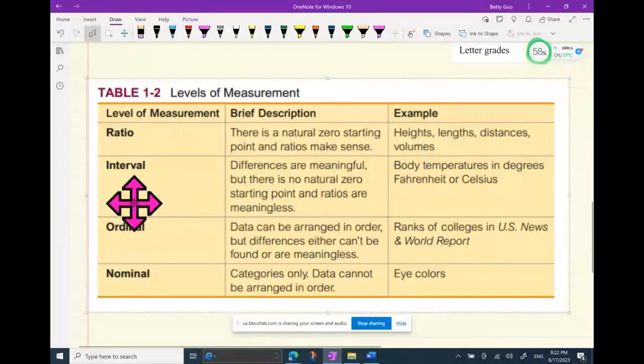Okay, so interval instead does not have a true zero. It doesn't exist. For example, body temperature. People might say, why not 0 degrees, right? 0 degrees in Fahrenheit or in Celsius. If 0 degrees Fahrenheit, that means the body is frozen.